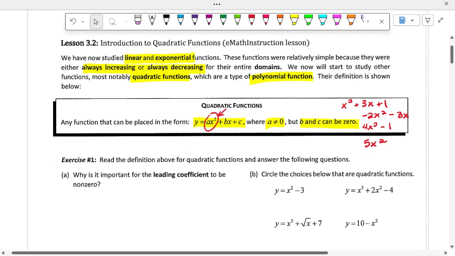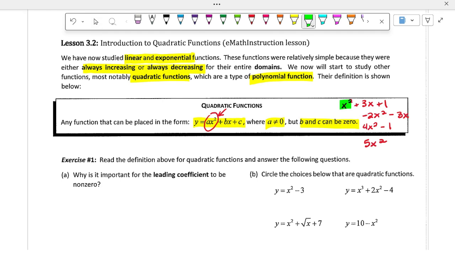Any of these are considered quadratic functions. Notice how some of them are trinomials, some binomials, some monomials. The common factor is that they all contain x squared. They can have constants, and they can have the x variable with an exponent of 1, but they're not required to have those two things. What they are required to have to be quadratic is that x squared.